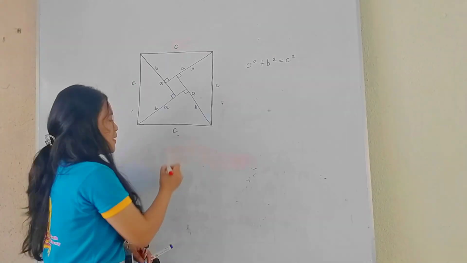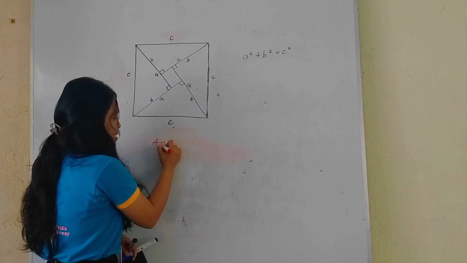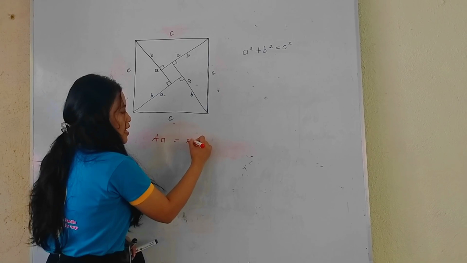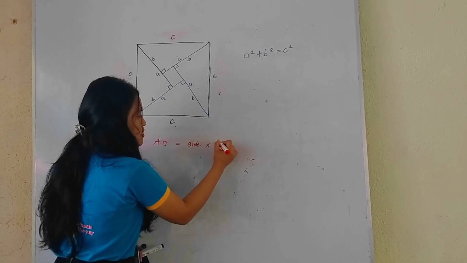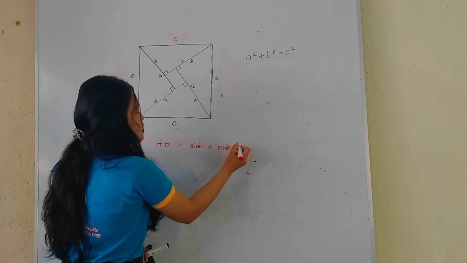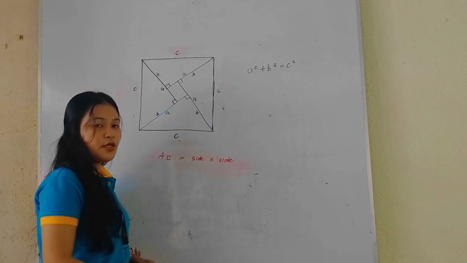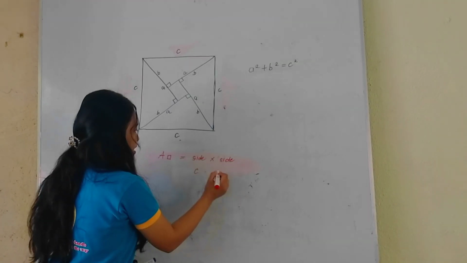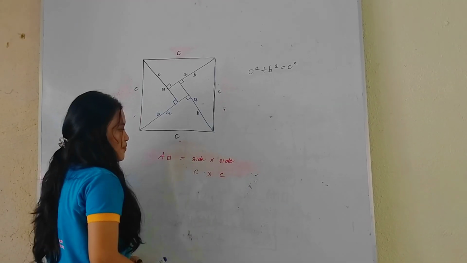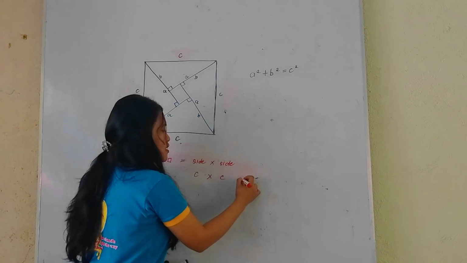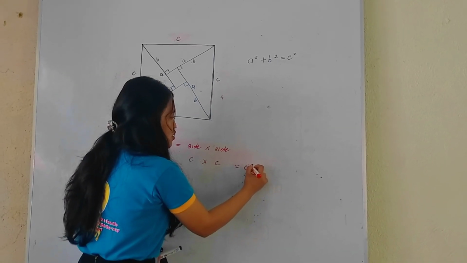We all know that the area of a square is equal to side times side. Since the side of the larger square here is C units, it is C times C. So C times C is equal to C squared.